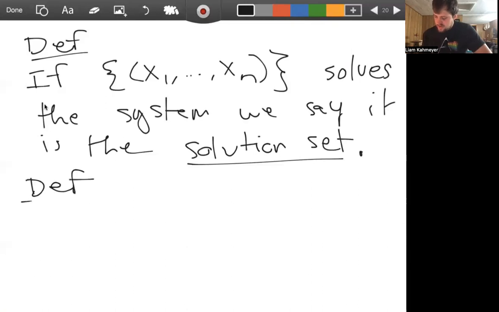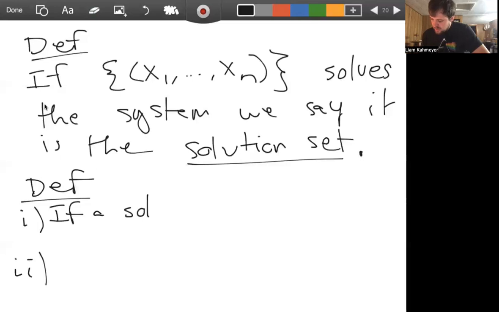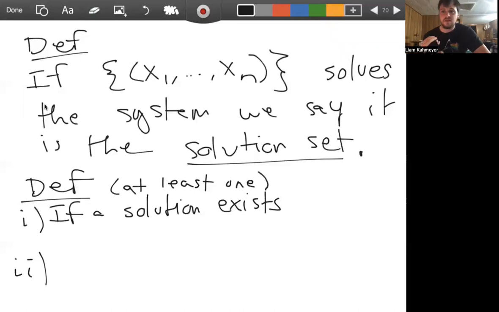Two more definitions, and then I think we will call it a video. If a solution exists, and I mean at least one, if infinitely many solutions exist, well then a solution exists, we say the system is consistent.